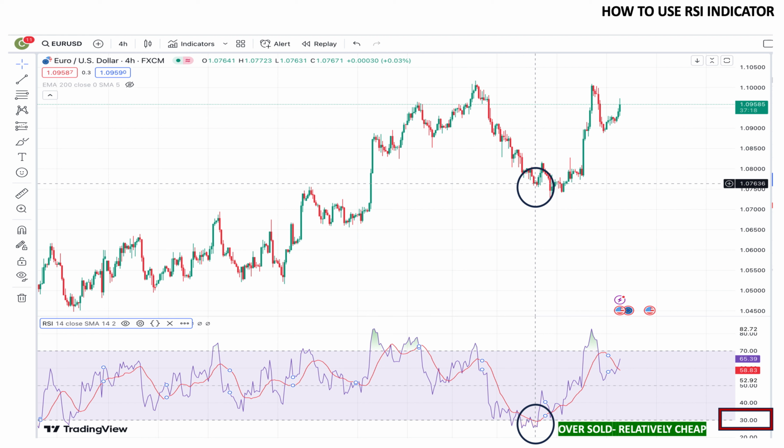When you find cheap products or things at a discount, you're most likely to buy them more or in excess. So when things get to an oversold area where it's relatively cheap, it's where buyers come in. That's where people want to buy, for when it gets expensive to sell. So this is how to use an RSI for a buy or a bullish signal.